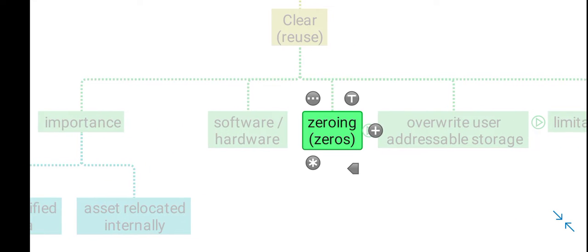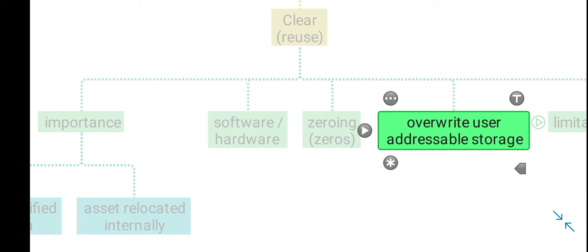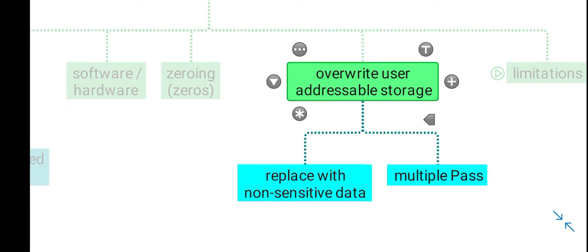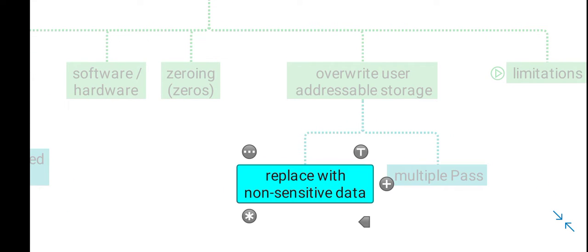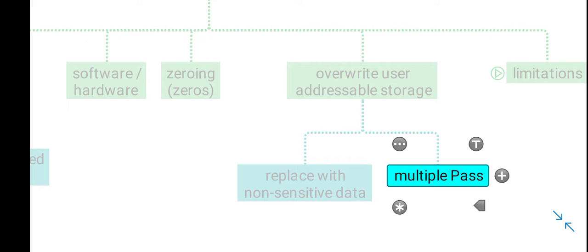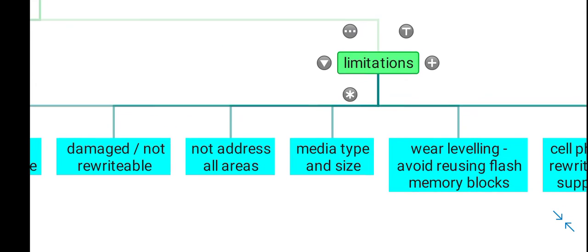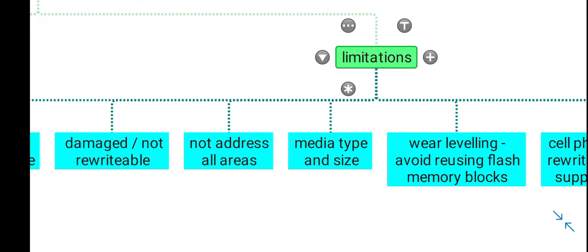The first method is zeroing, where you rewrite the entire media with zeros. Then there is overwriting, where you overwrite the addressable space of a media with random bits. You replace the sensitive data with non-sensitive random data, and you can carry out multiple passes of this process.